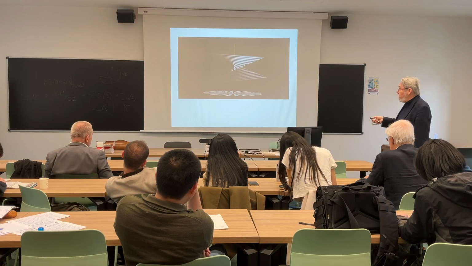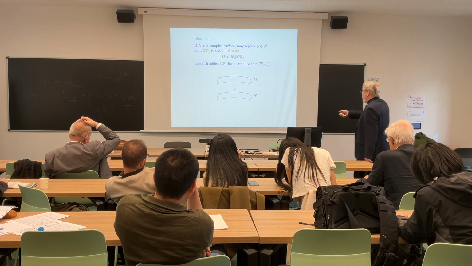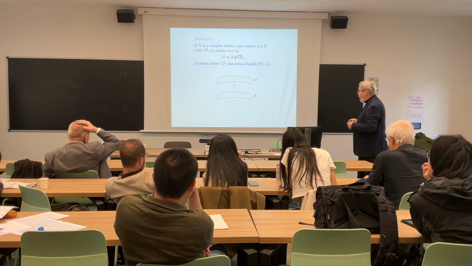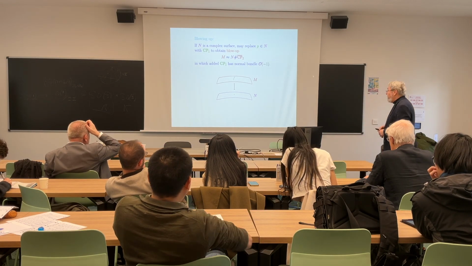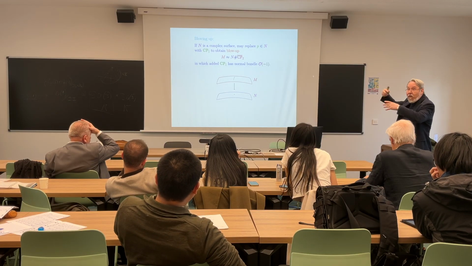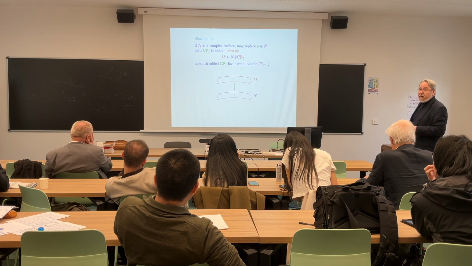You take some neighborhood of the origin and replace a neighborhood of this point with a neighborhood of the origin in C^2 via this process. Well, what's happening at infinity? You're cutting a ball out of CP^2 bar and the boundary of that ball.